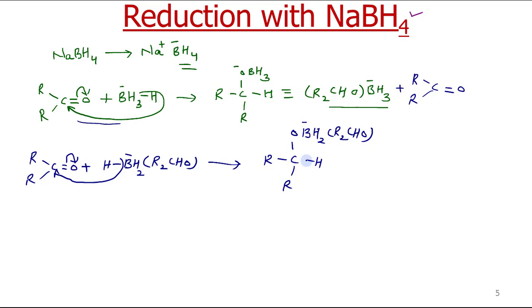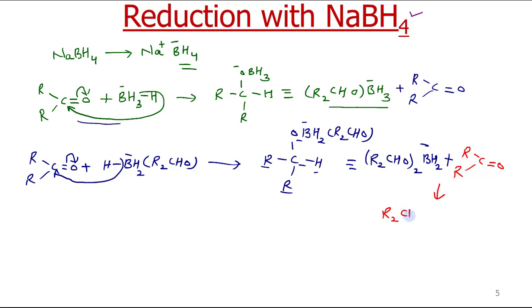This can be simplified as (R2CHO) twice BH2 negative.